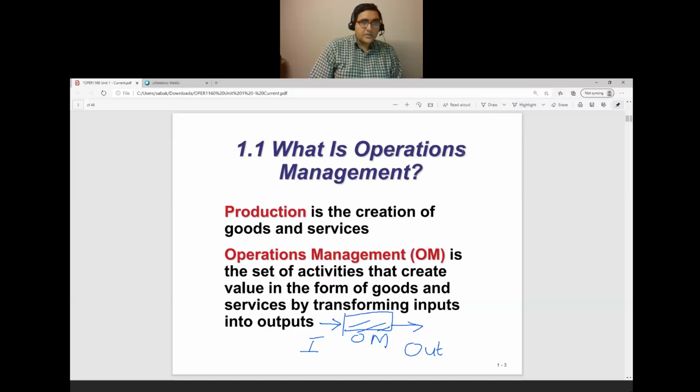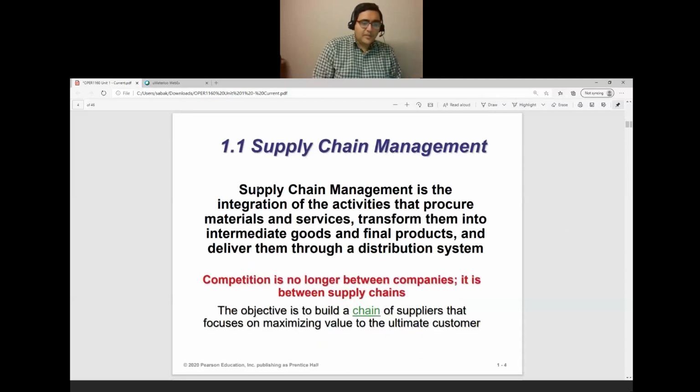The next slide is about supply chain management. Supply chain management is a superset of operations management.